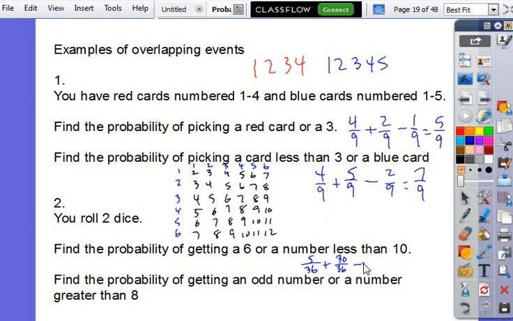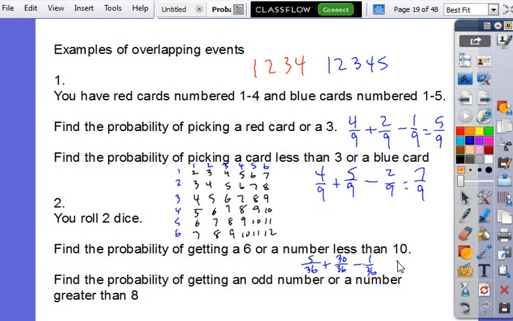Alright, so I got my 6, probably will get a 6, or a number less than 10. Now I'm picking one thing. So when I pick my one thing, what is the probability of it being a 6 and less than 10 at the same time? If I'm picking one thing, it can only be one choice. Does that make sense? If I pick one number, the probability of it being a 6 is the 5.